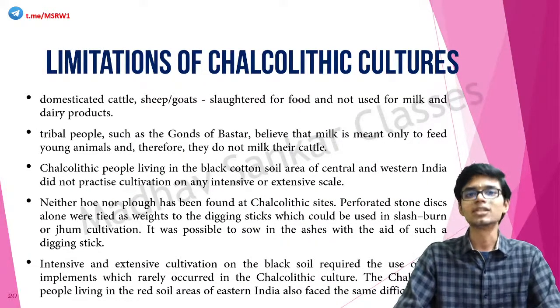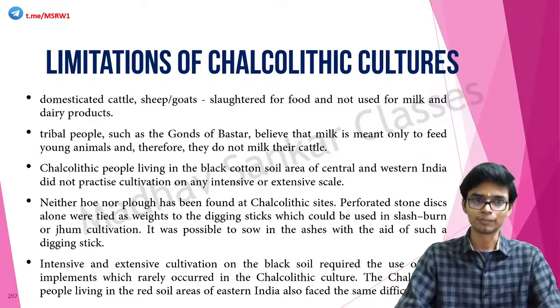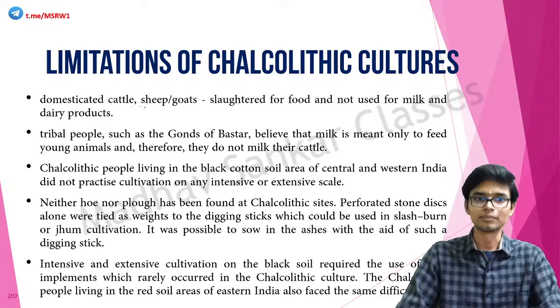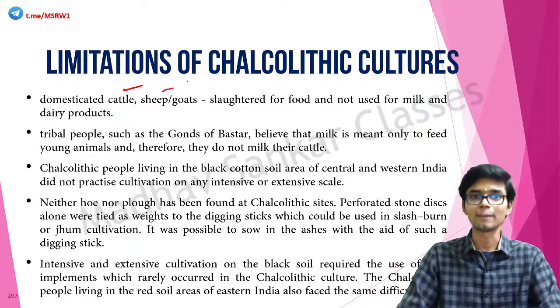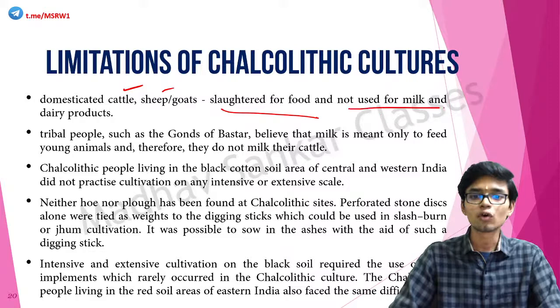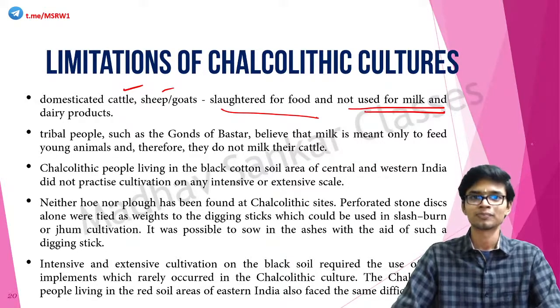Now, what are its limitations? There have been plenty of limitations for Chalcolithic people. First of all, they domesticated various kinds of animals, including cattle, sheep, goat, etc. But most of them were actually slaughtered for food, and not used for milk and dairy products.